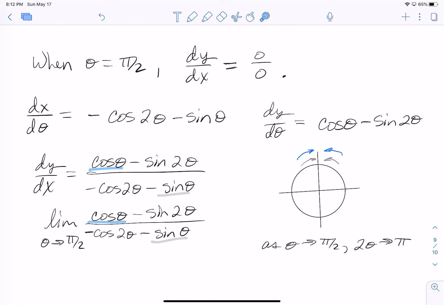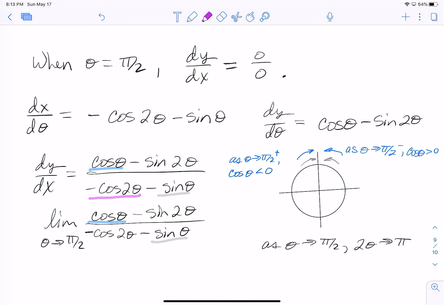And when I say right and left, I mean the unit circle. I really should be talking about as theta approaches pi over 2 from the minus side, cosine of theta is positive. But as theta approaches pi over 2 from the positive side, so angles greater than pi over 2, cosine of theta is negative.